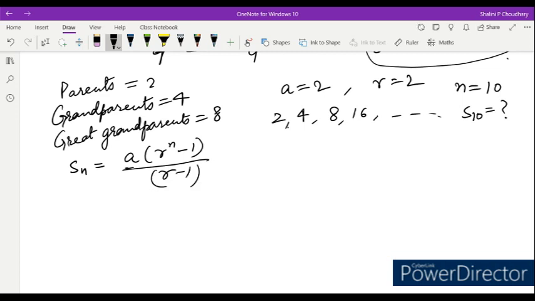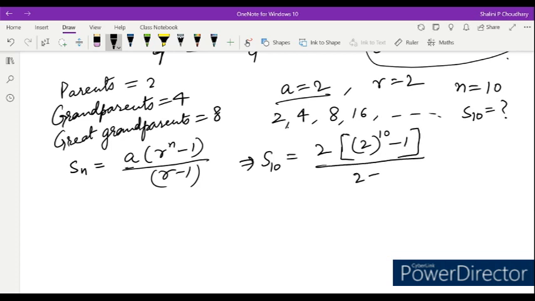Okay, so S10 will be equal to, a is equal to 2, r is equal to 2, to the power n meaning 10 minus 1 divided by 2 minus 1.